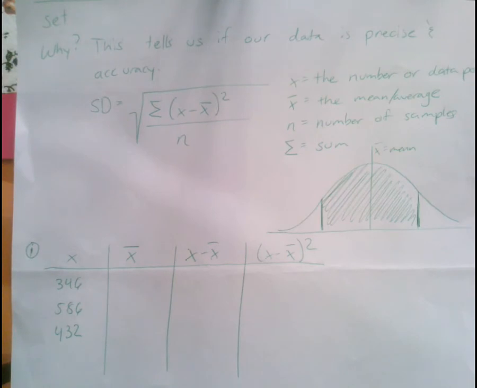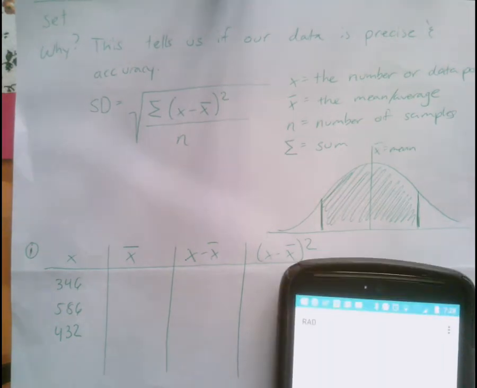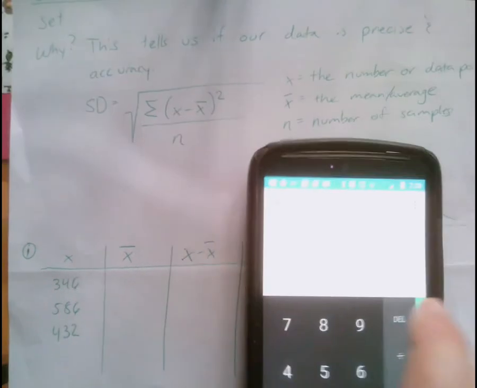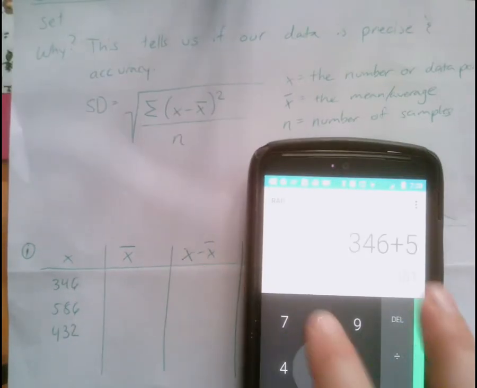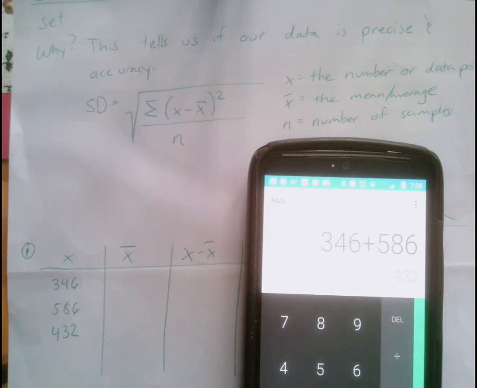The first thing I need to do is calculate X bar. I'm going to grab my calculator. On my calculator, I'm just going to add those things together: 346 plus 586 plus 432. That's going to give me this, hopefully.